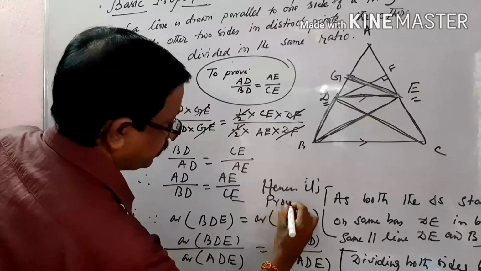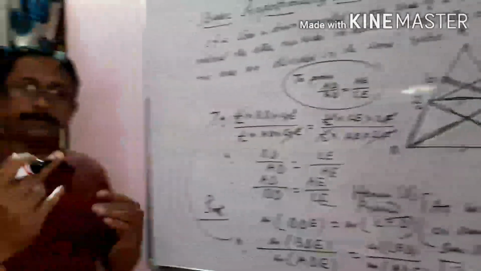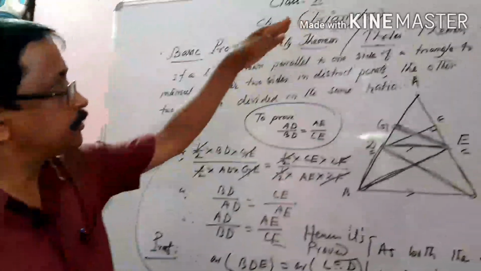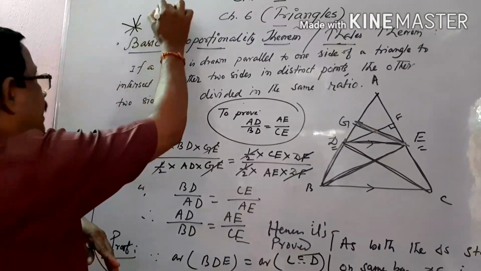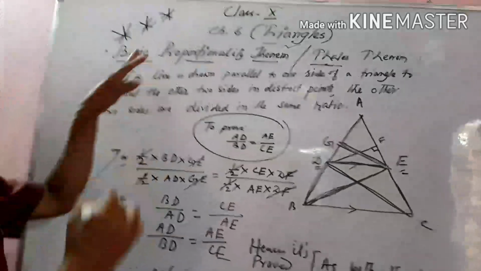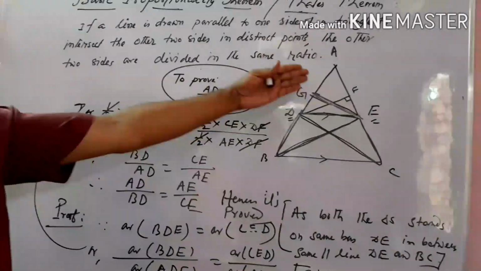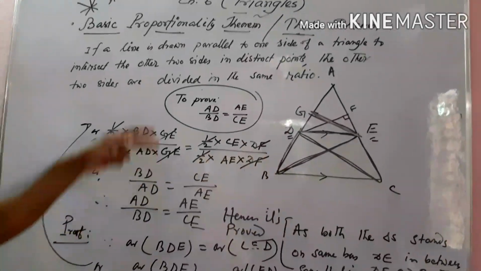Hence it is proved. Now I am telling one thing, you just pay attention to what I am telling. This is most important for the board exam. In every alternate year in the board exam, this one comes.